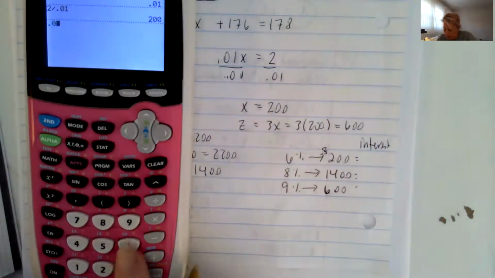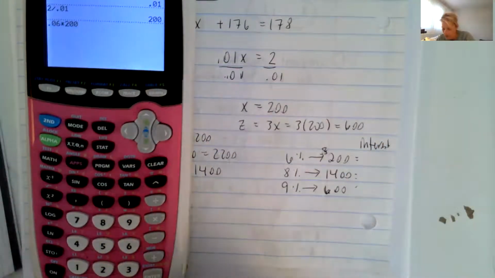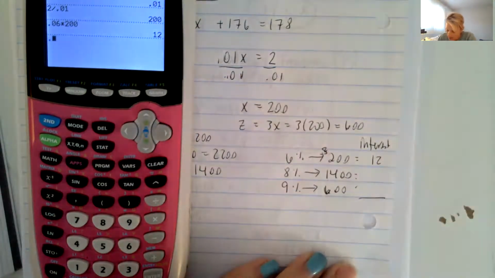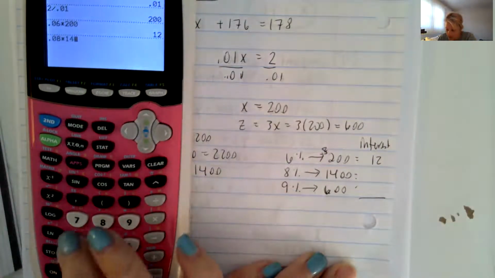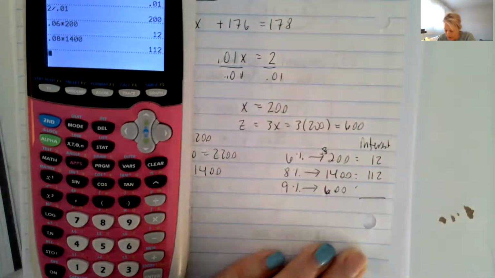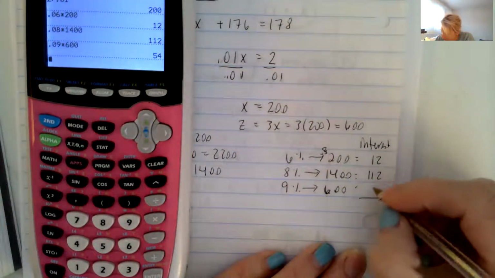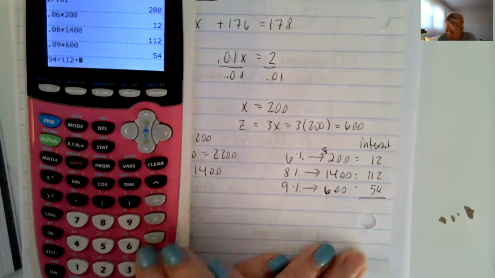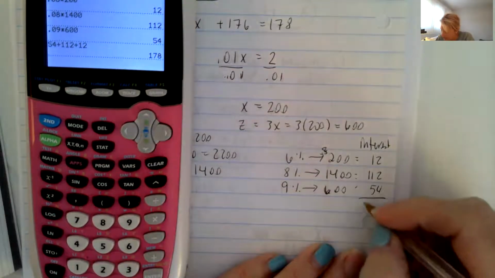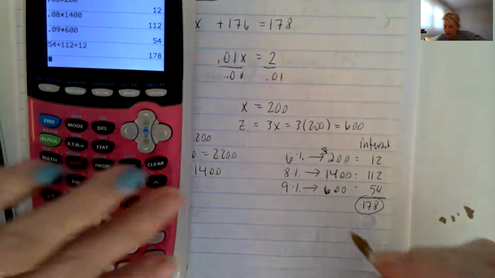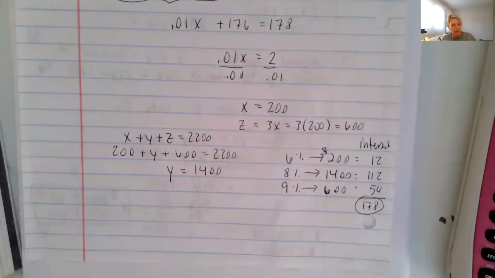So 0.06 times the 200 would have been $12 in interest. 0.08 times 1400 would have been $112 in interest, and 0.09 times 600 would be 54. And if we add them, we get 178, which is just what they said. So that is correct. We did it.